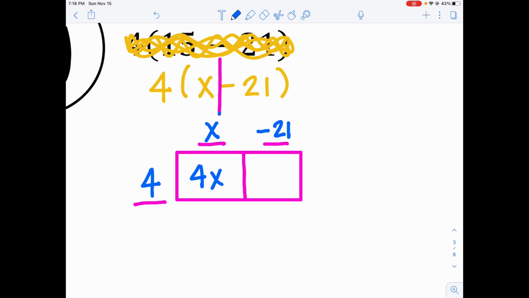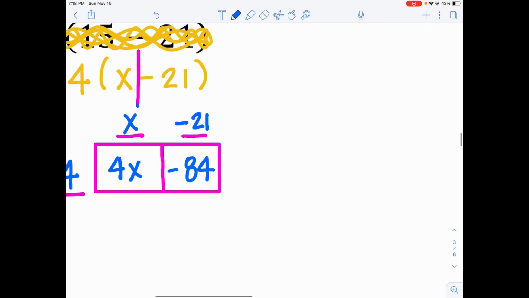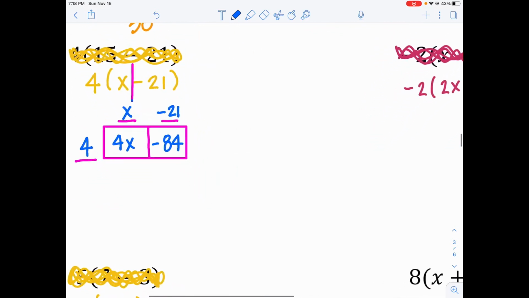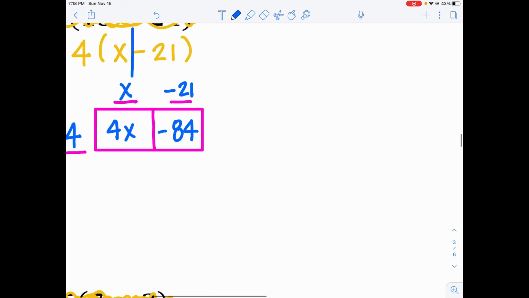So a minus 21, so plug it into your calculator if you'd like. 4 times a negative 21 is a negative 84. And then off to the side, I'm going to write the expression that I get, 4x minus 84, and I am done.